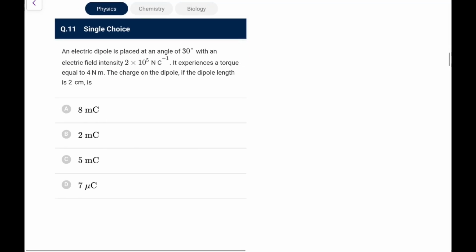Next. An electric dipole is placed at an angle of 30 degrees with a field. It experiences this torque; find the charge if the dipole length is given. First of all, the torque should be equal to P sine theta. P we need to find out, and P I can write as QD.